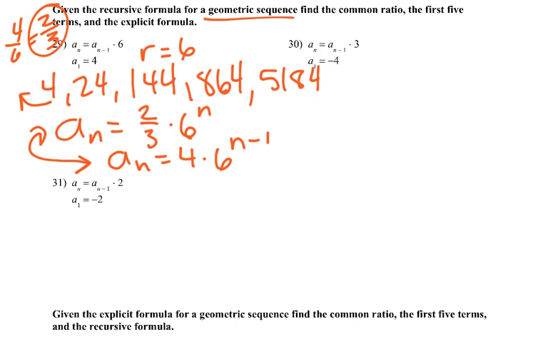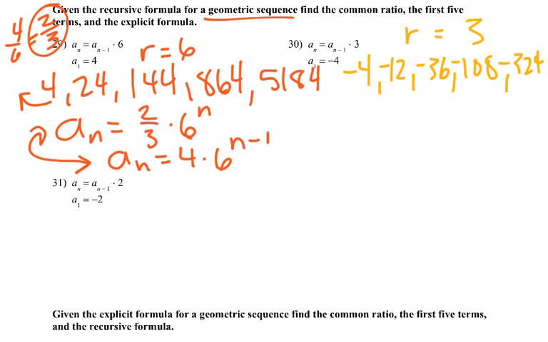So 30, my common ratio is 3. Okay, then we're starting at negative 4 times 3 would be negative 12 times 3, negative 36 times 3, negative 108. So yes, I double checked it. It is negative 108 and then negative 324 for our fifth term. Okay.